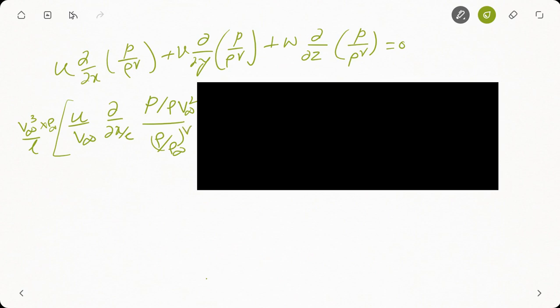So we put here rho infinity to the power gamma.